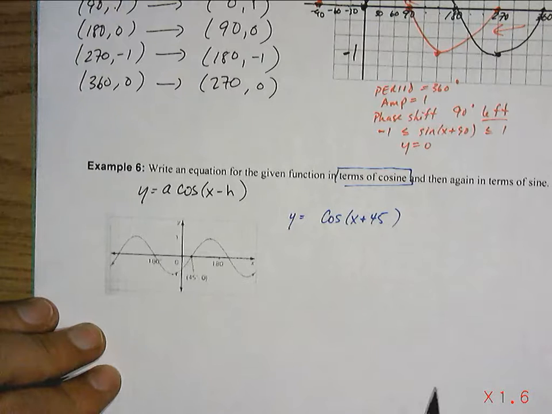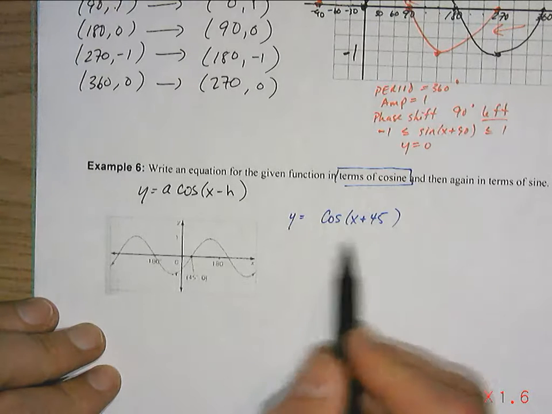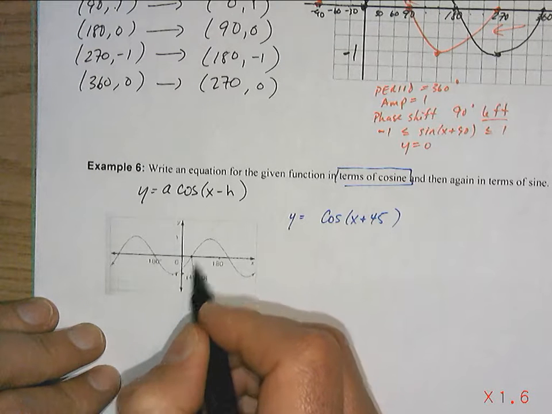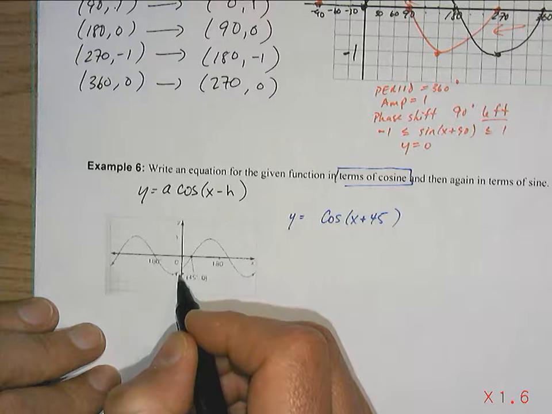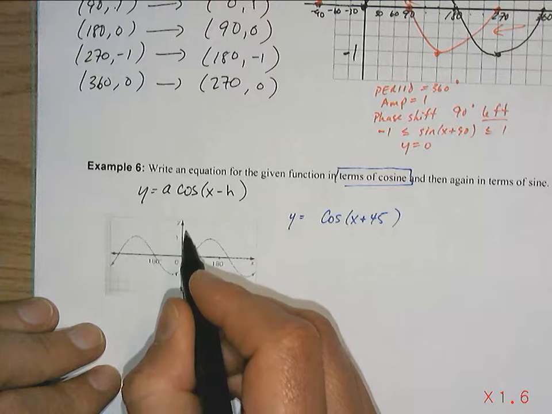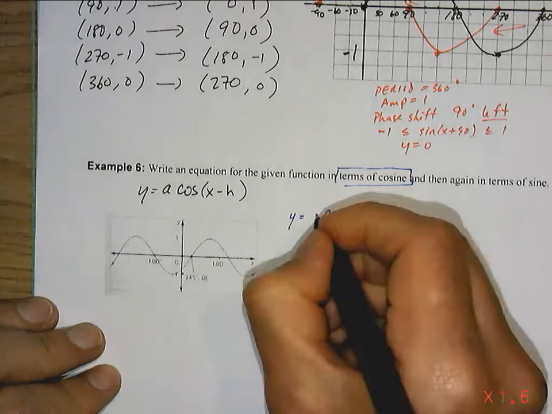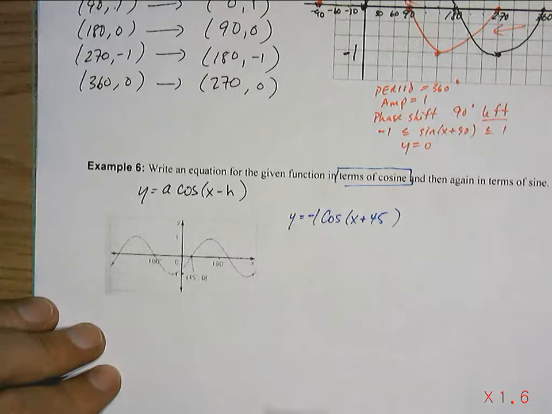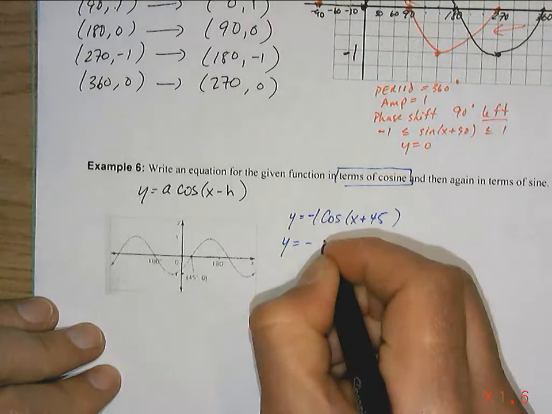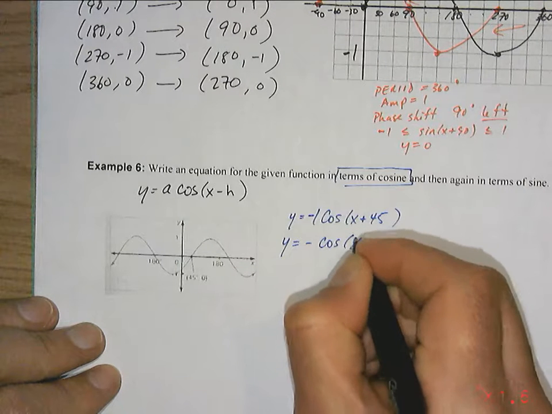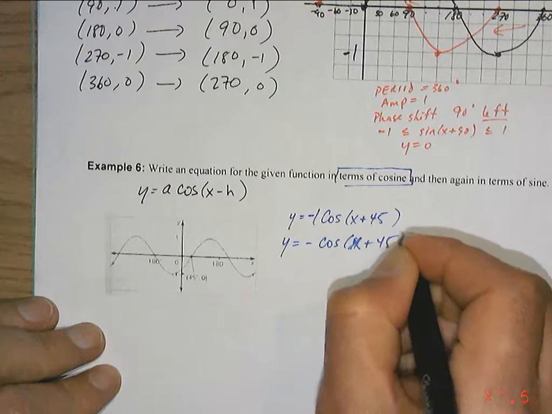Now the problem is, if this was the cosine, we're starting down at the bottom. And cosine normally starts at a maximum. So if you're going to start at the bottom, then there's been a reflection. So our answer in terms of cosine is going to be that.